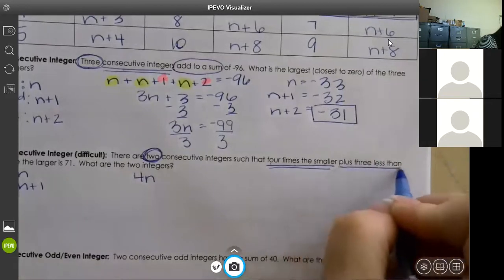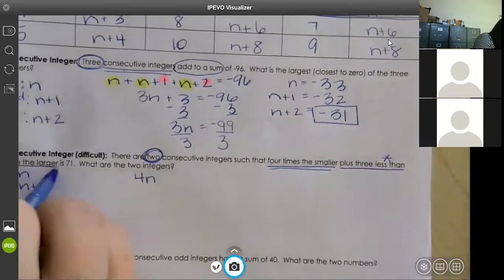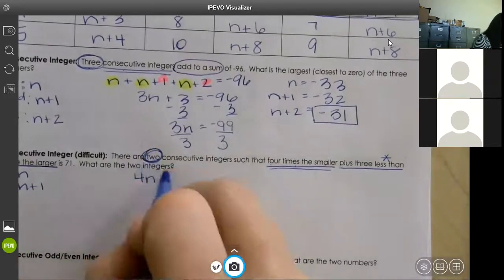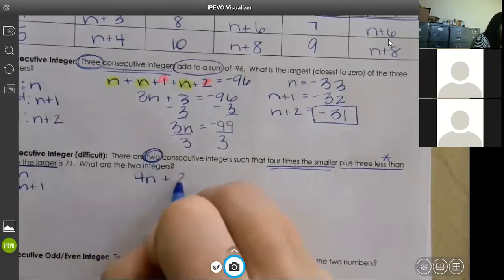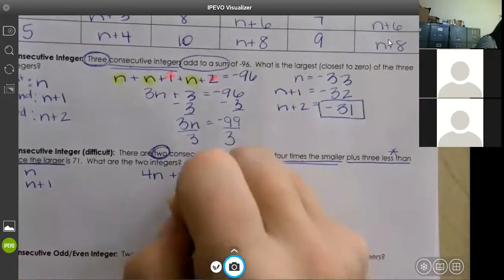Plus 3 less than, watch that less than, twice the larger. So we got to do this backwards. So we got to start with twice the larger. So how do I write twice the larger? Which one was larger, n or n plus 1? N plus 1. N plus 1, that's okay.